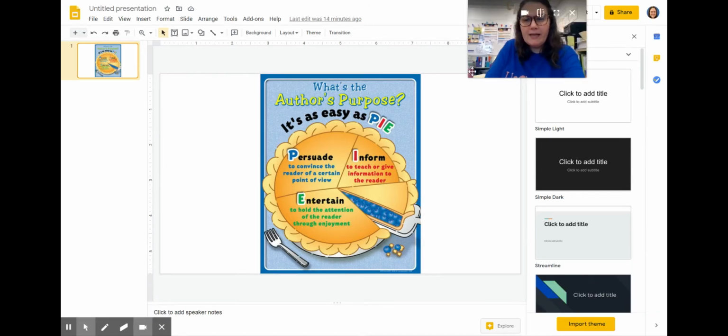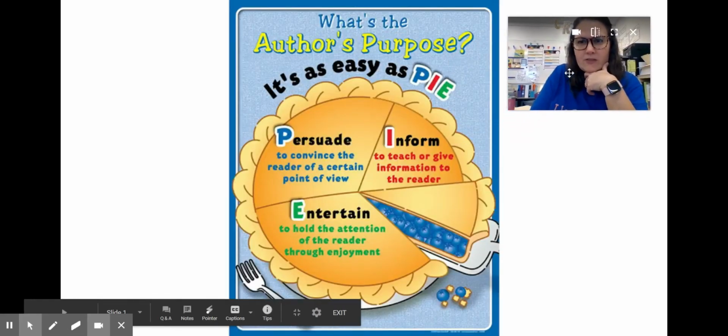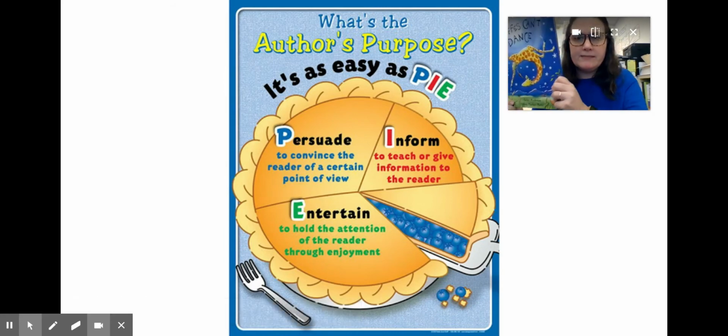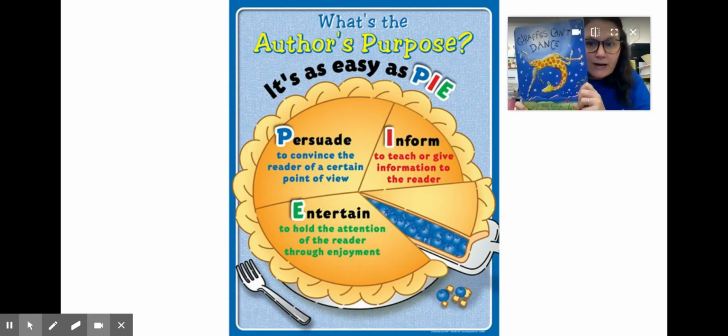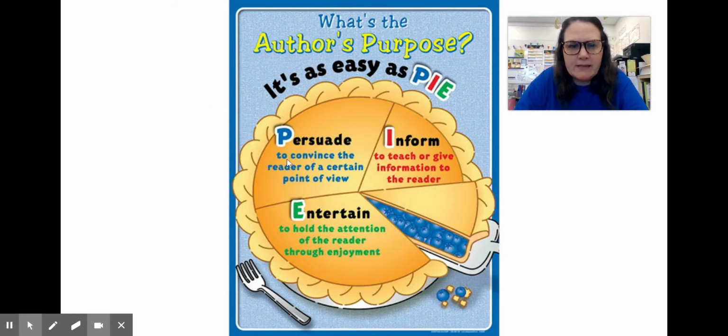Okay, so what is the author's purpose of this book, Giraffes Can't Dance? Well, let's go through our pie. P is for persuade, to convince the reader of a certain point of view.